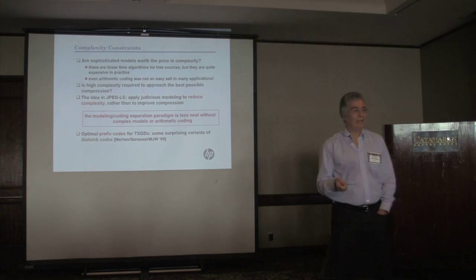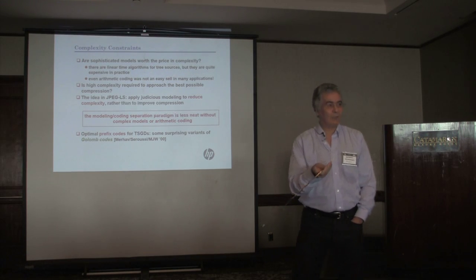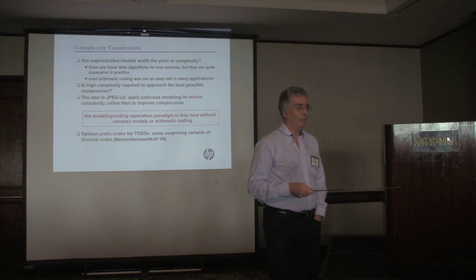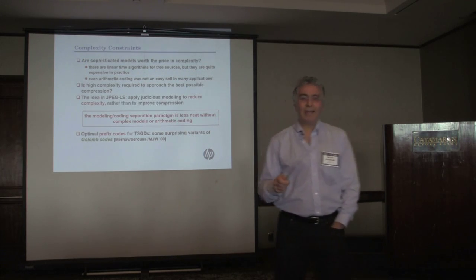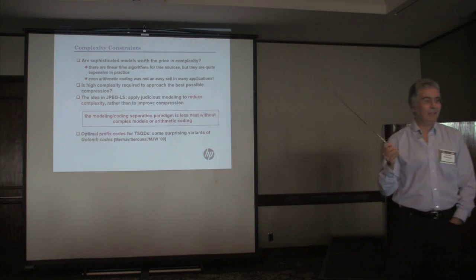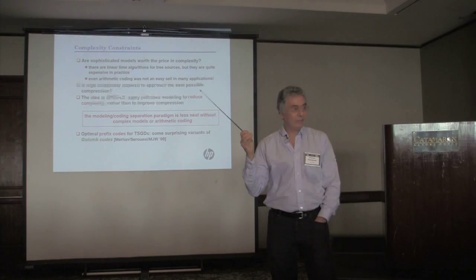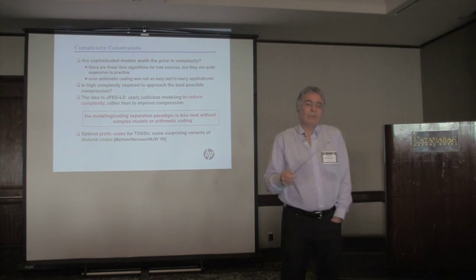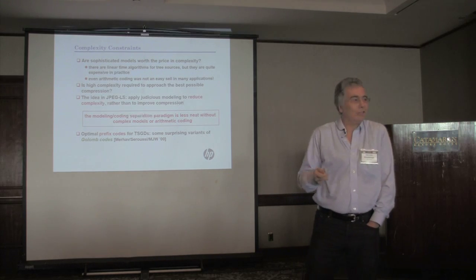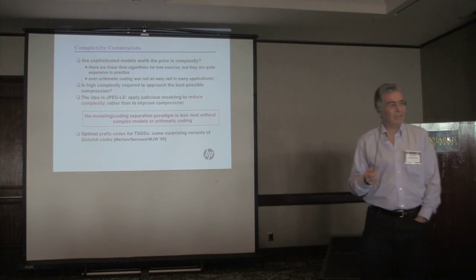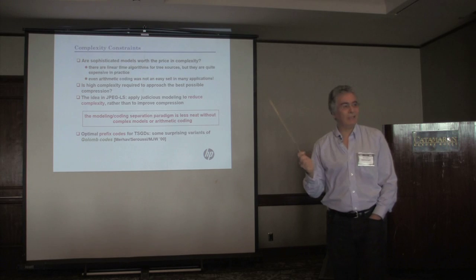If you tell an engineer building a data compressor to do an arithmetic coder, he wouldn't be happy. I have been a little out of this area the last few years, so I don't know how current this assertion is. Maybe with newer technology arithmetic coding is an easy sell, but it definitely wasn't 10 years ago.